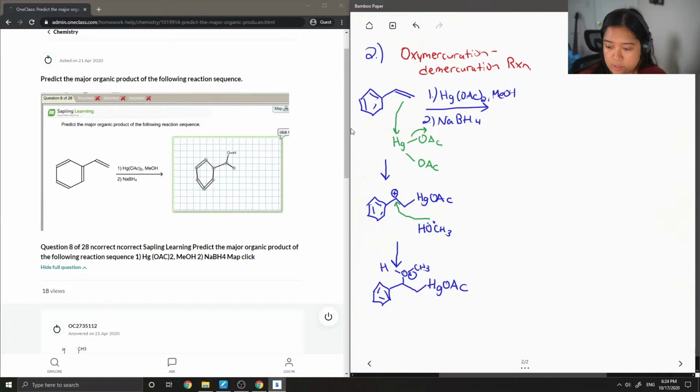So now the oxygen has a positive charge. And then what happens again is that another methanol comes in, deprotonates that, and then neutralizes that oxygen, to afford the next product.